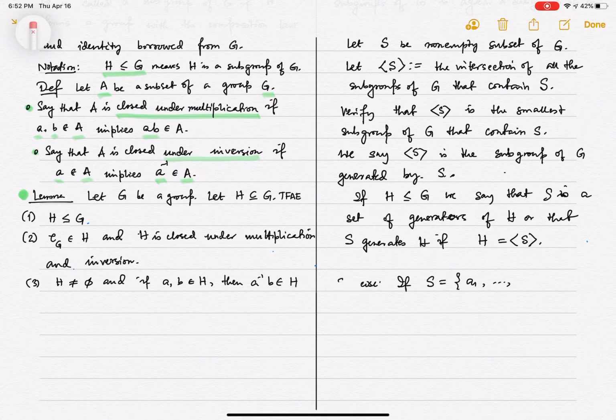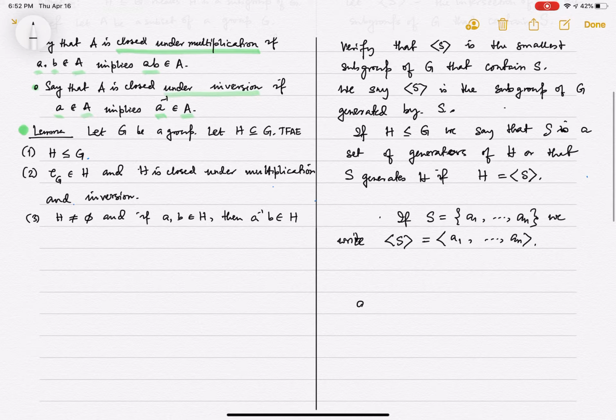But I want to introduce a little notation here. If S is a finite set like this, we'll write this as just angle bracket A1, A2, AN. Okay. So now, what are all the things in angle bracket S?